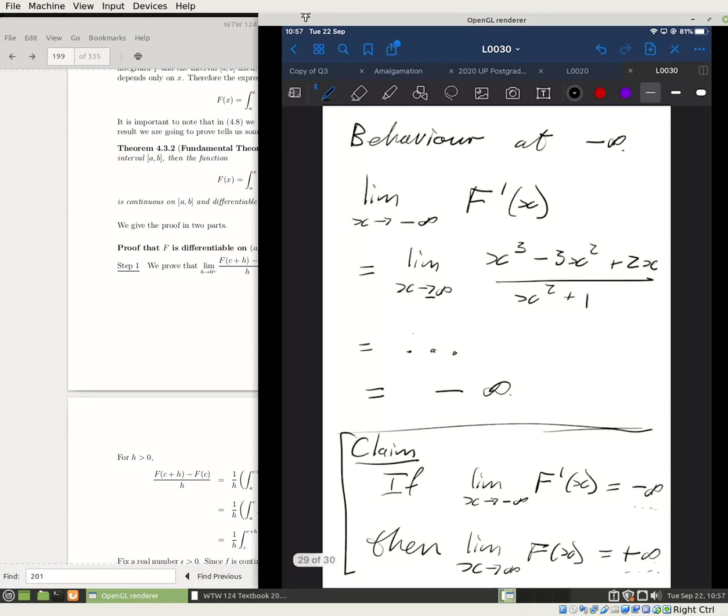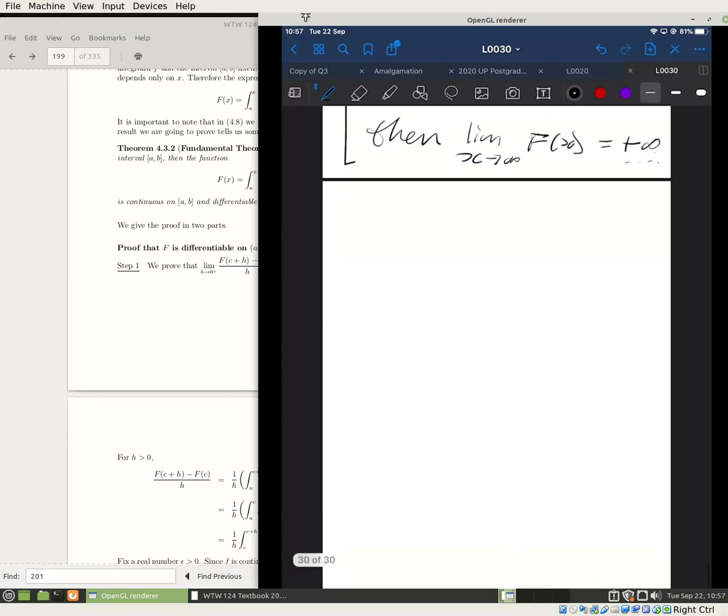Okay, now we have the behavior at minus infinity and plus infinity, and we have our turning points and our y-intercept. So let's sketch our graph. Our function has turning points at 0, 1, and 2.